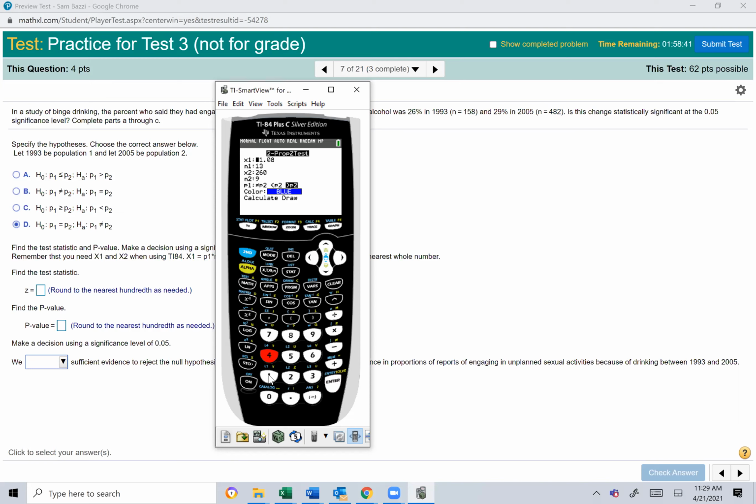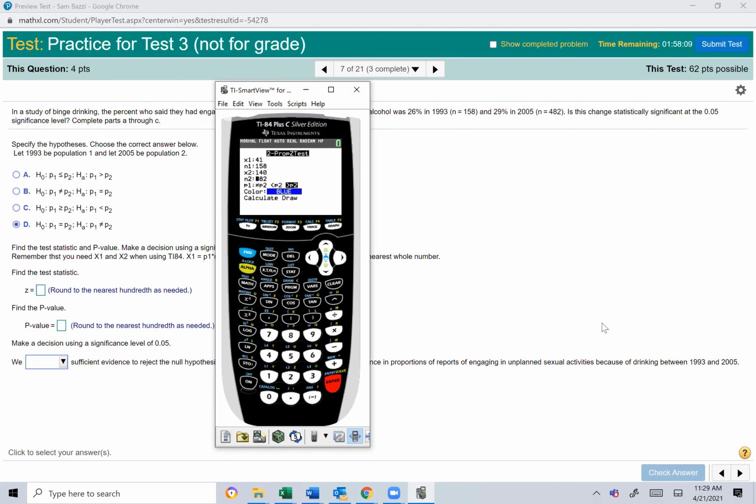So just make it a whole number, 41 out of 158. X2, he says 29% out of 482. So you just do 0.29 times 482, and then you put 482 right here. And you need to round the decimal. Round it to the nearest whole number, so that will be 140.